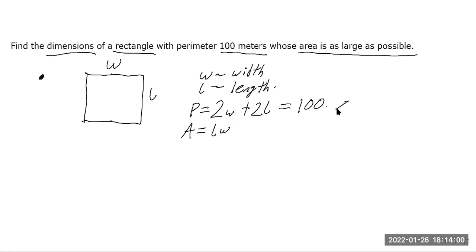Now, I don't know what area is because I don't know what the side lengths are. But using this nice perimeter equation up here, we can solve for one variable in terms of the other, and then we can get area to be something dependent upon one variable. And then we can do the fun calculus part. So first things first, the perimeter is 100, and we have that 2W plus 2L is equal to 100.